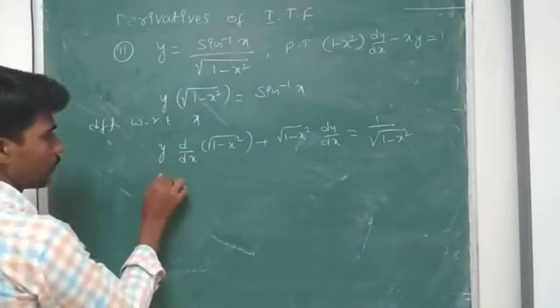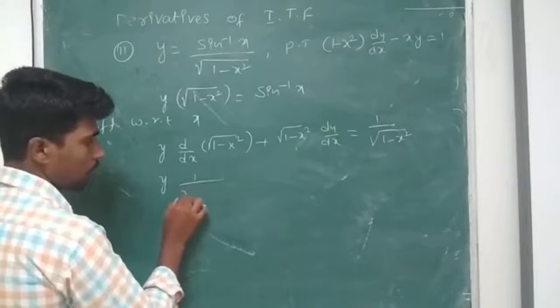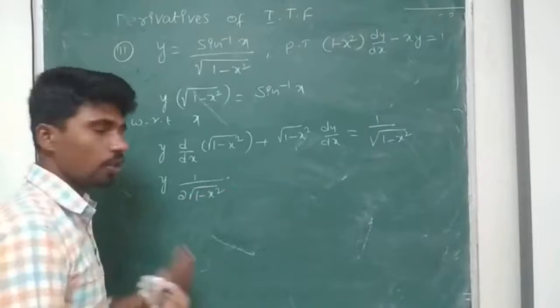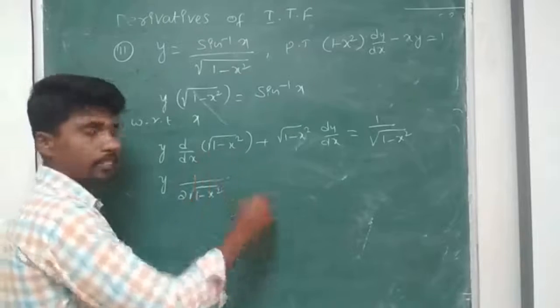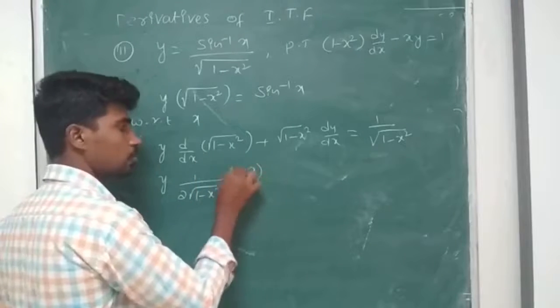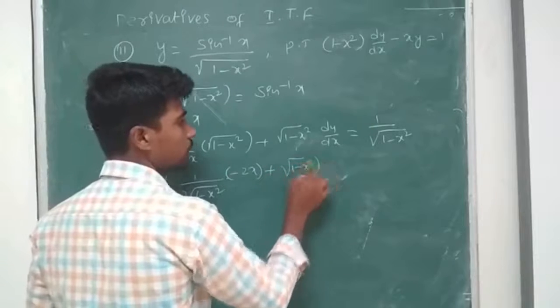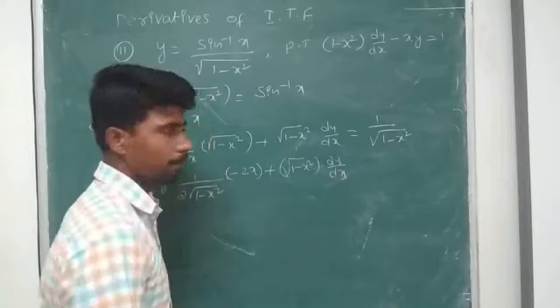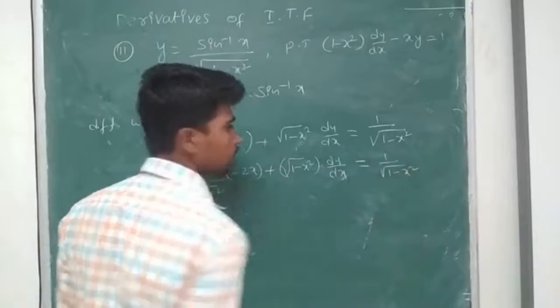Now we get y into, it is in the form root x, 1 by 2 root x, so 1 by 2 root 1 minus x square, and it is not an x, so I have to take its derivative. The derivative of 1 minus x square is minus 2x, plus root of 1 minus x square into dy by dx, which is equal to 1 by root 1 minus x square.